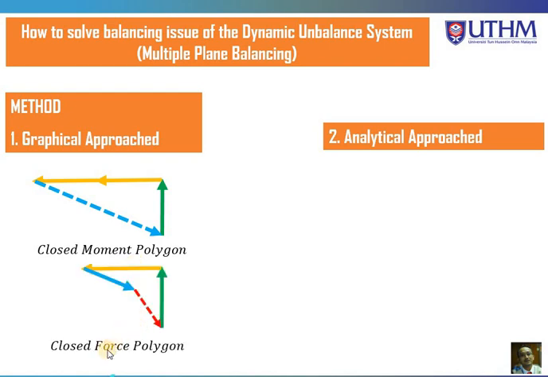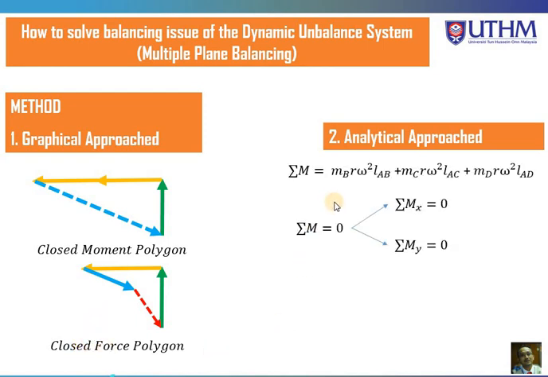Only then do you draw the force polygon, and ensure that you achieve a closed force polygon. In the analytical approach, the total amount of moment must equal 0. So you need to break it into x component and y component and solve the needed equations.